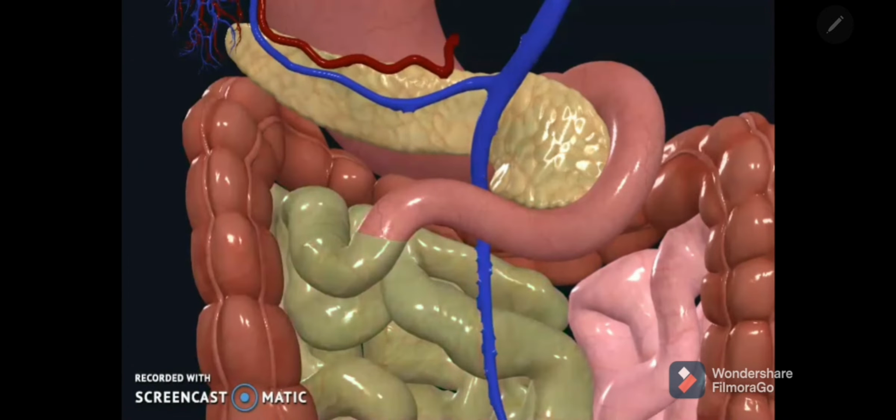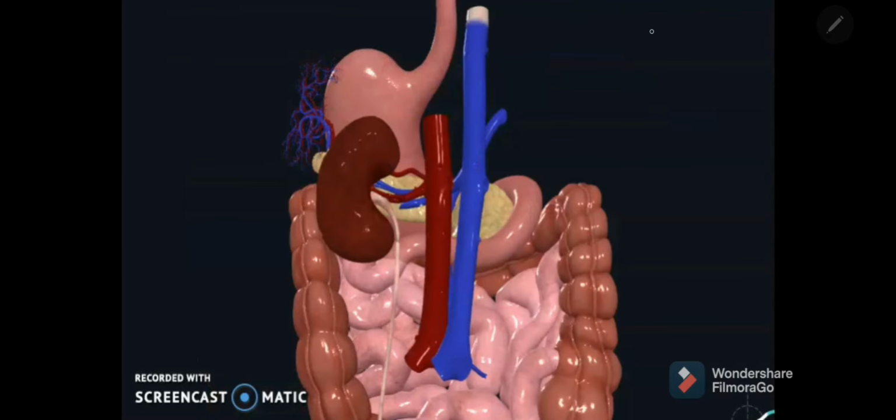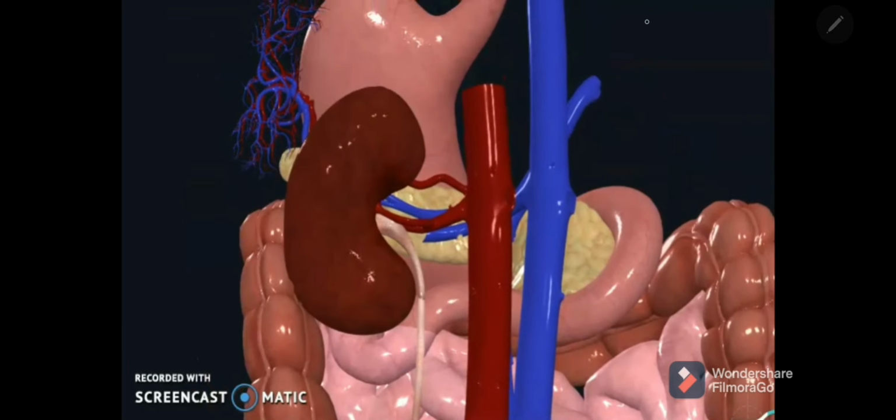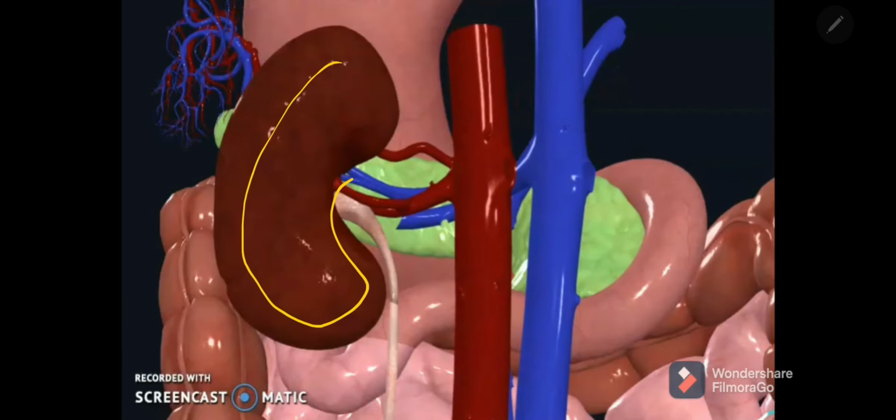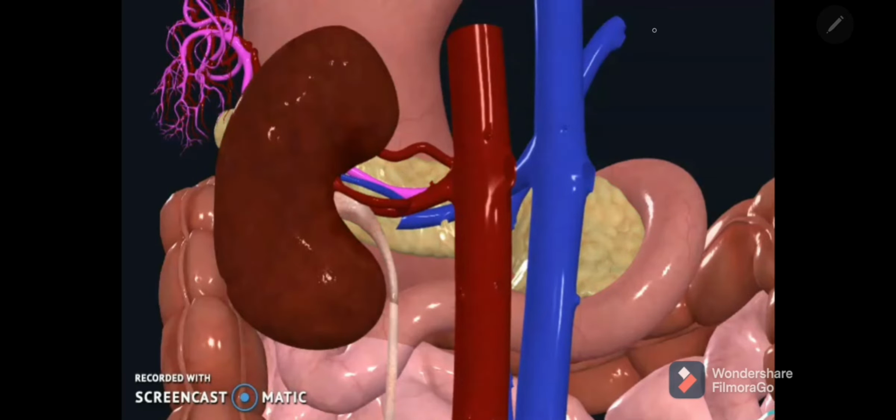So coming to the posterior surface, here again you can notice the splenic vein running along the posterior surface of the pancreas, and along the superior border you are seeing the splenic artery, and you can also notice the left kidney with its vessels and left ureter, that is the left renal artery coming from abdominal aorta, that is the left renal vein.